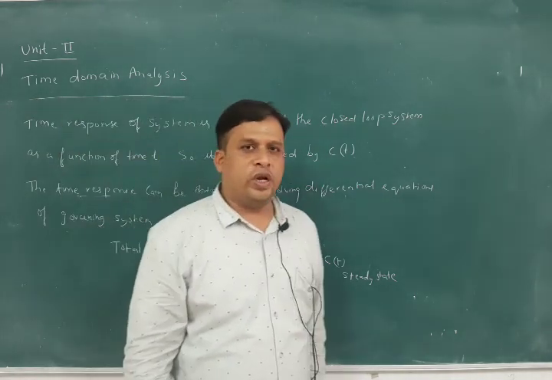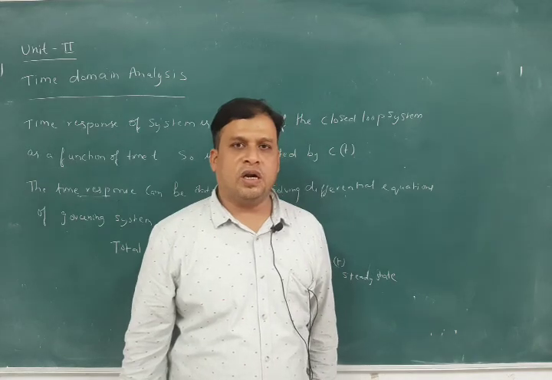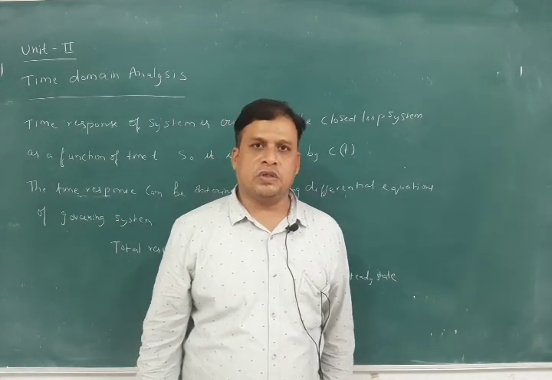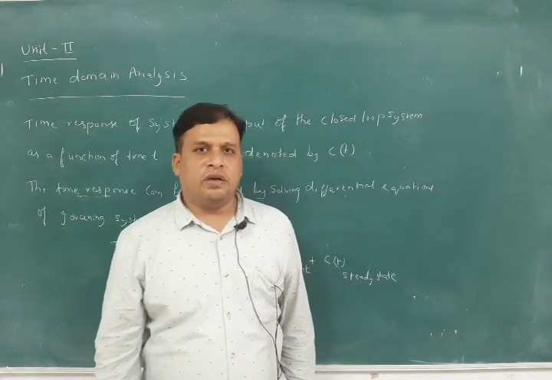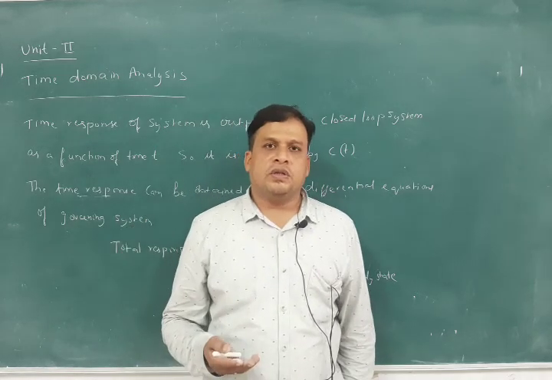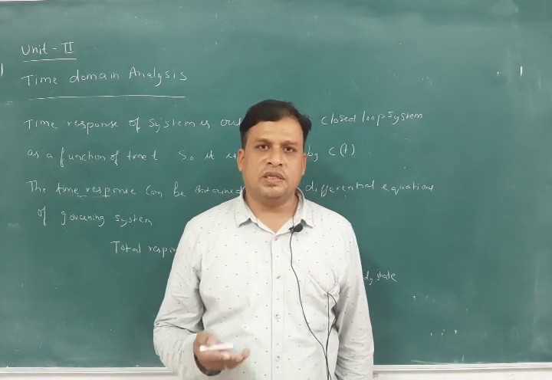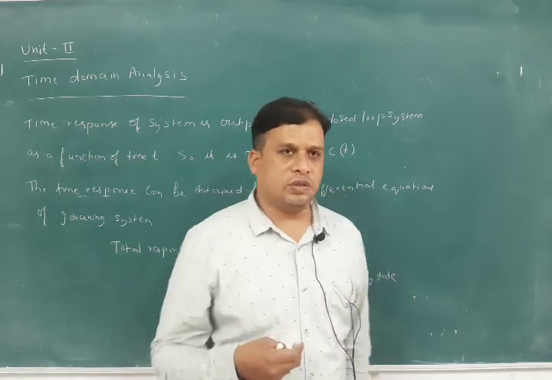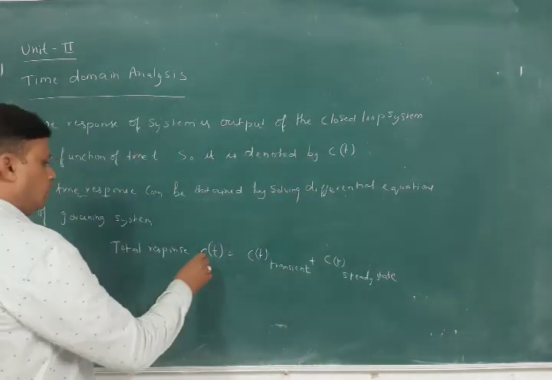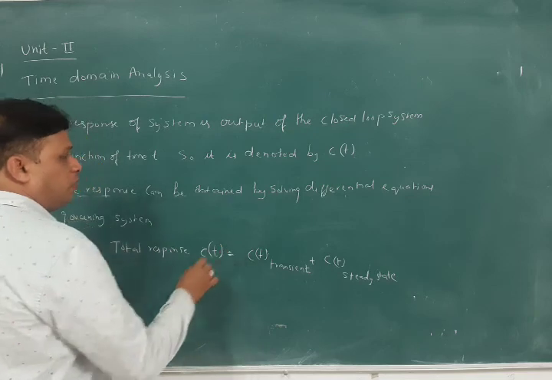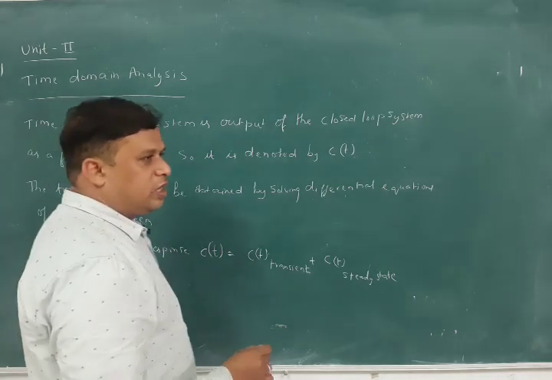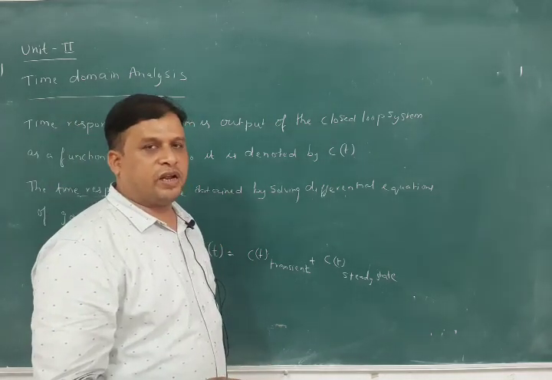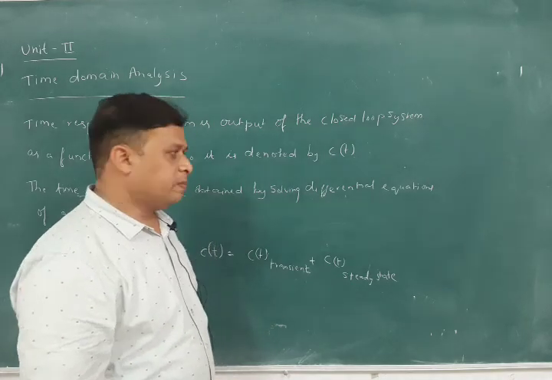Those which store energy are called energy storage elements, and they give the transient response. So, as I told you, mass and moment of inertia are the energy storage elements in mechanical systems, and we can observe the transient response in those.